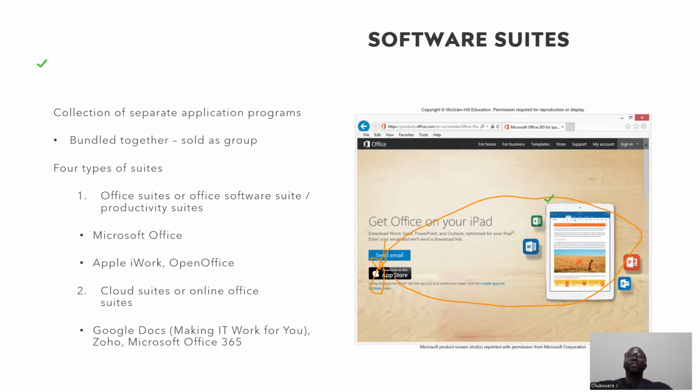These are all different software programs, but they are all put together, and it is called what? Microsoft Office. You also have Apple iWork or Open Office. It is a combination of different applications sold as one, provided to you as one.